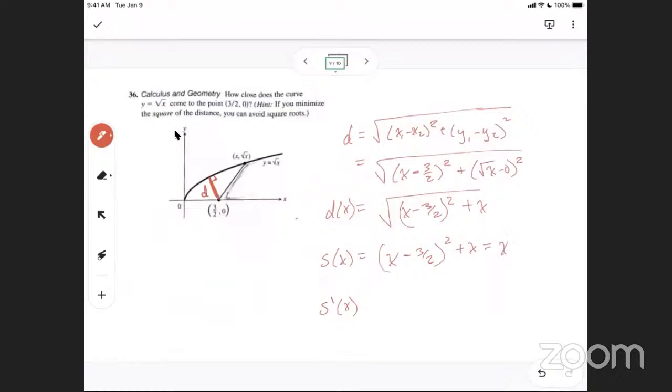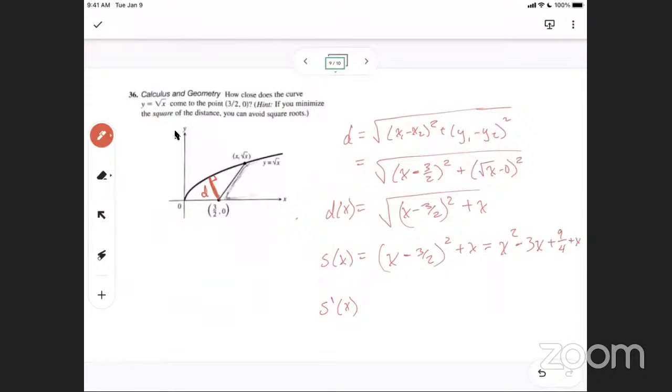So if we distribute this out, it's going to be x squared minus 3x plus 9/4 plus x. Did I do that right? Negative 3/2 x plus another negative 3/2 x rather is negative 6/2, which is negative 3.